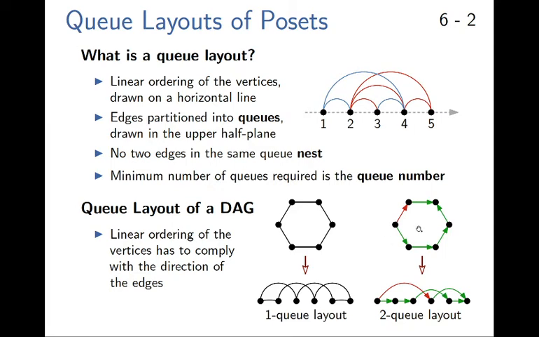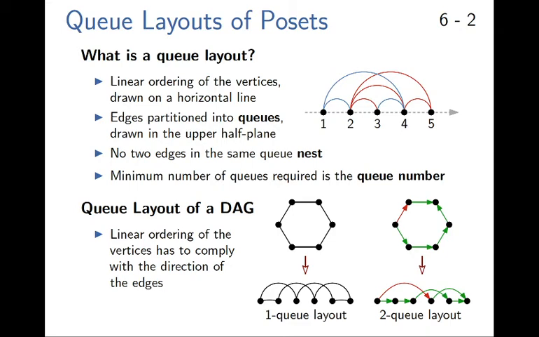So here you have a short path of length 2 and a long path of length 4. And no matter where you put this guy, he has to be between these two, otherwise it wouldn't be a linear extension. And no matter where you put him, you will have to nest one of the other edges. So this then needs a 2 queue layout.